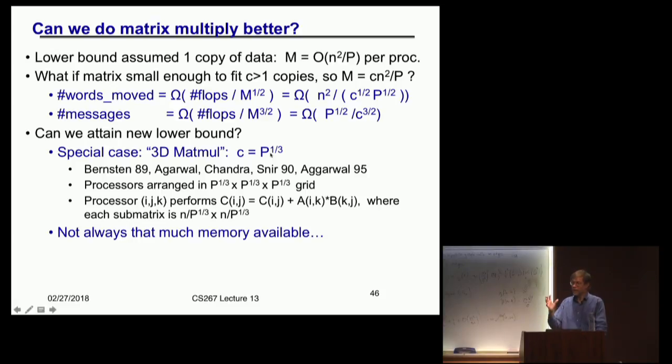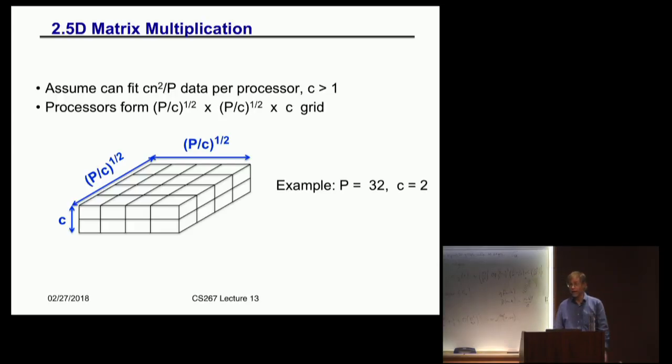What we would like is an algorithm that uses whatever memory you have available, and you can tune it for that. So here's the algorithm that does that. We're calling it 2.5-dimensional matrix multiply, because it kind of interpolates between the 2D SUMMA algorithm and the 3D algorithm, which assumes you have lots and lots of memory. And so here's the idea. Let's suppose I have exactly enough memory to fit C copies of the data.